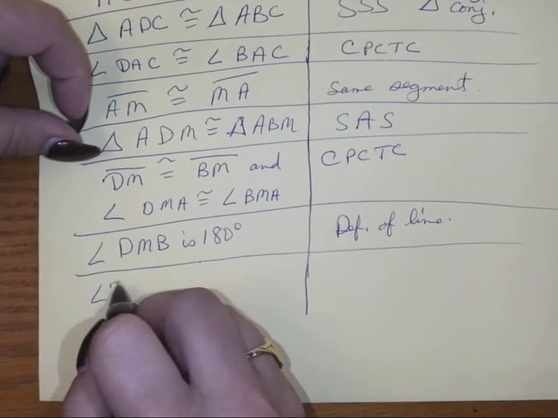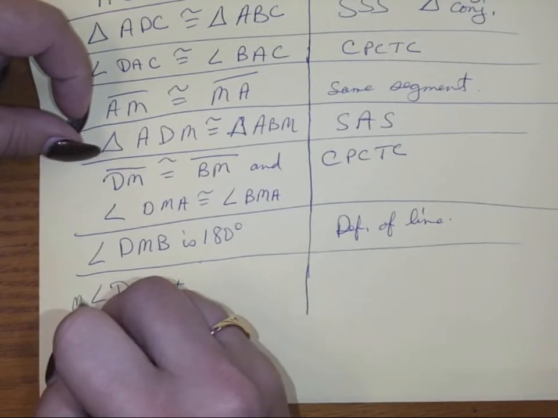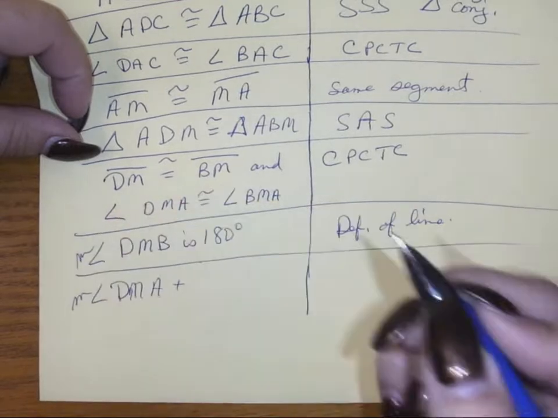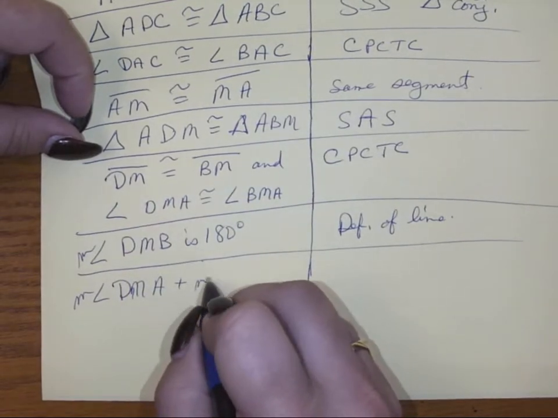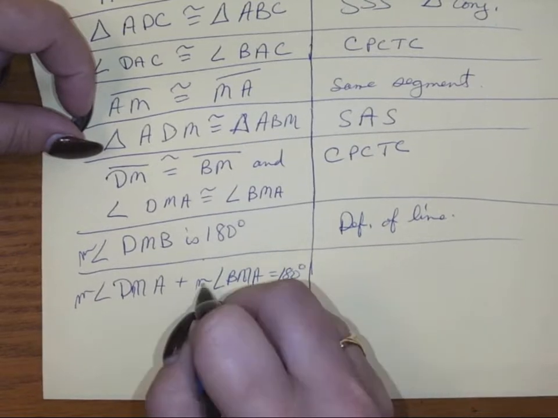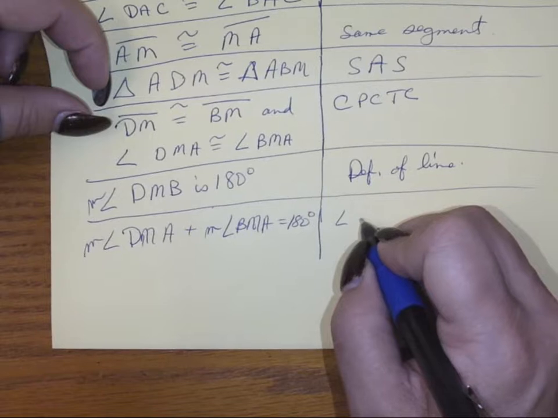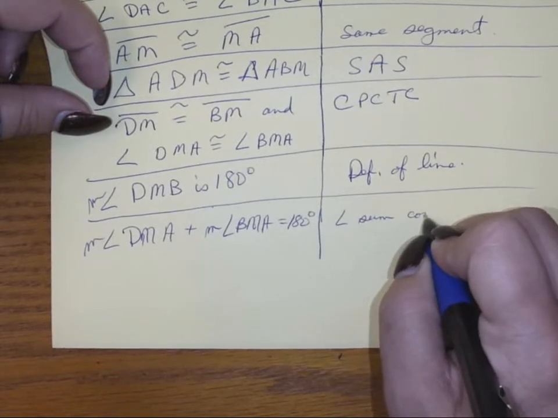So that's the angle sum conjecture. The measure of angle DMA plus the measure of angle BMA equals 180 degrees. Okay, that's the angle sum conjecture.